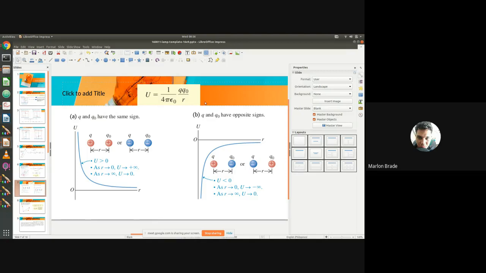So as R approaches to 0, kung ang R nako magagamay, the value of the potential energy will approach to negative infinity. And as R increases, magkadako ang distance between two charges, source charge and test charge, the potential energy will approach to 0. Okay, so please take note of that.